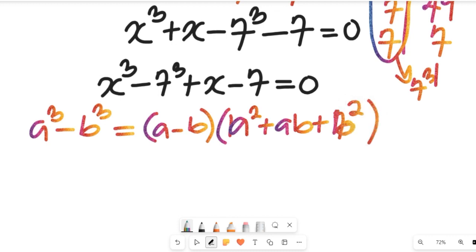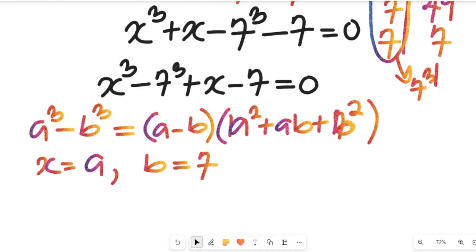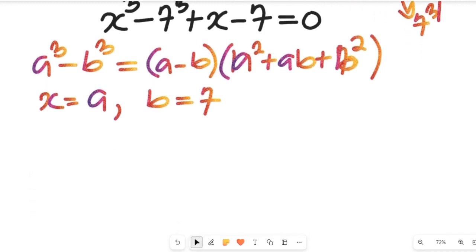Right, good. So if that is given, we'll see that our a in this instance is equal to x, and then our b in this instance is equal to 7. So let's substitute that into that expression.